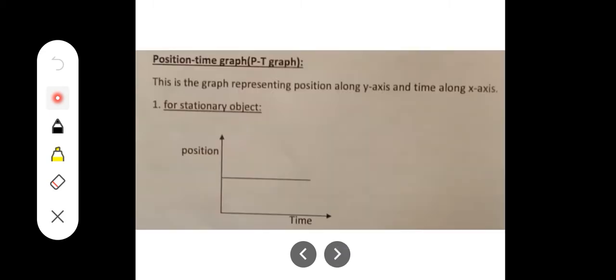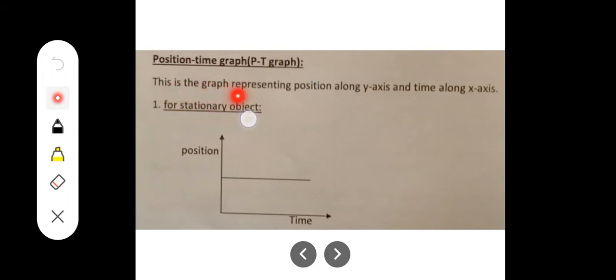Okay, next. Now we have to see one type of graph that is called position-time graph. Usually a question appears, what is position-time graph? They will say in the final examination to draw a position-time graph. With that question, it may be asked what is position-time graph, or it may be asked for defining position-time graph.